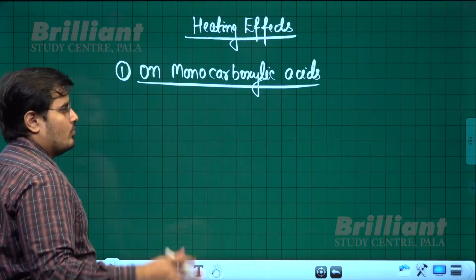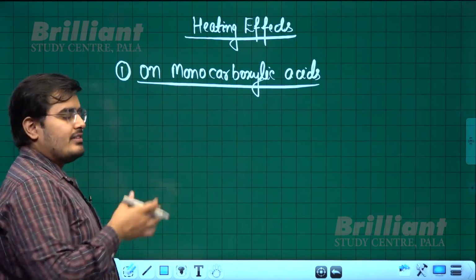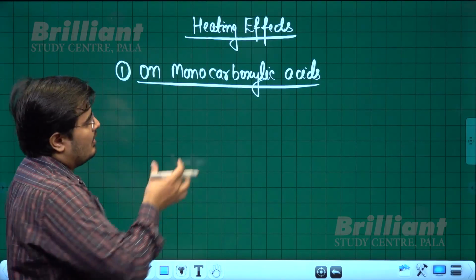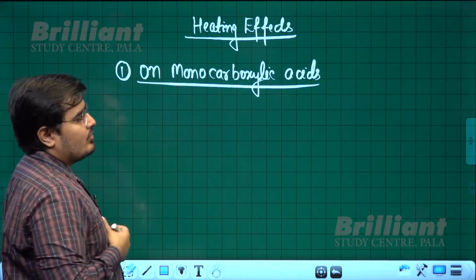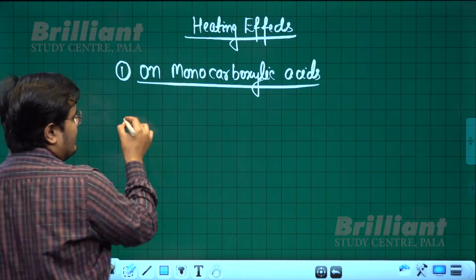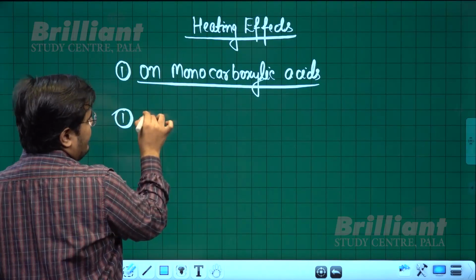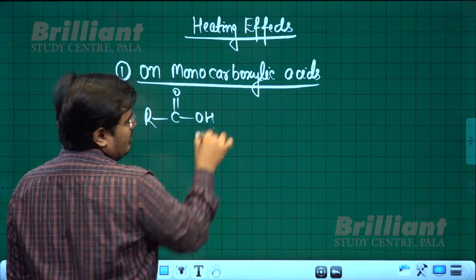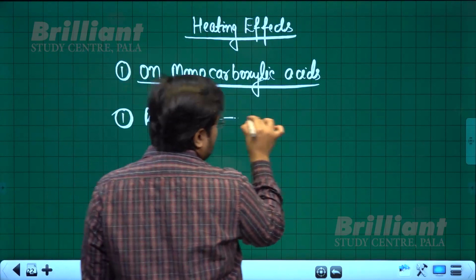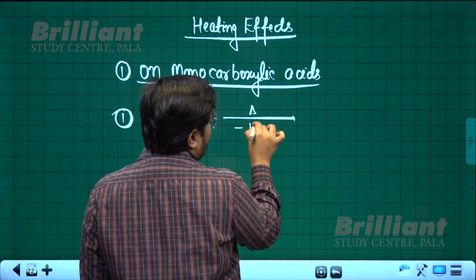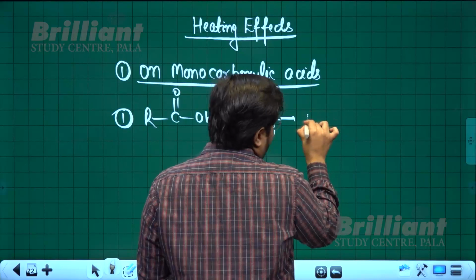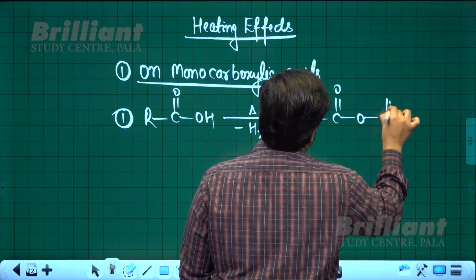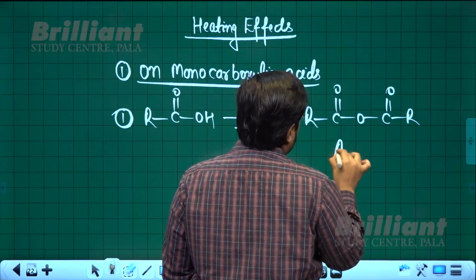So next we have heating effects. Now these things are not directly given in your NCERT, but we'll cover it as extra stuff. When you talk about heating effects on monocarboxylic acids, let's say I have a carboxylic acid which contains only one COOH group.